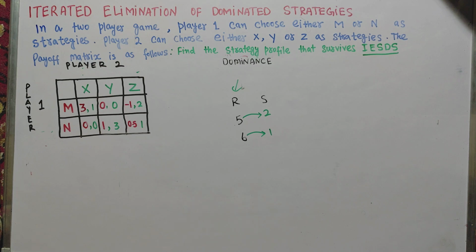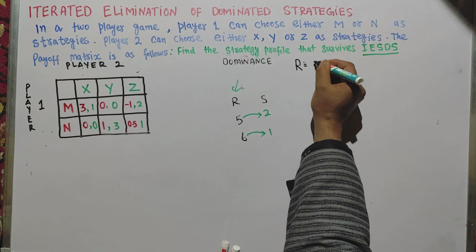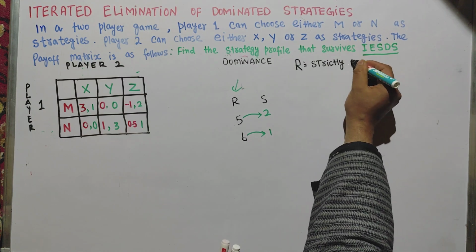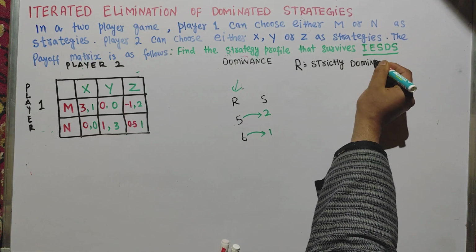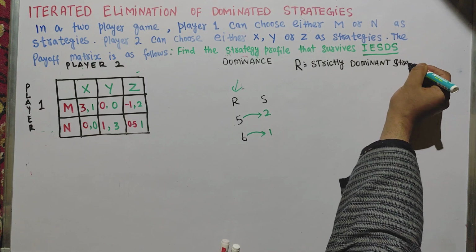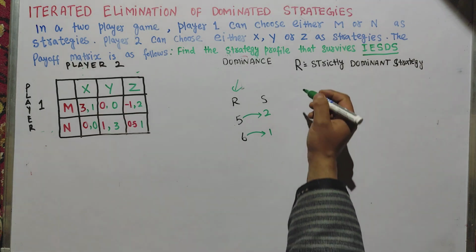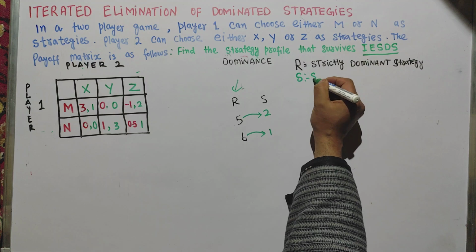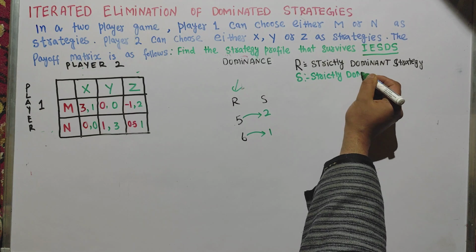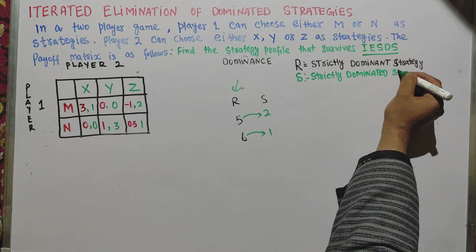So in this case, what we call R is a strictly dominant strategy. If R is a strictly dominant strategy, that means S is a strictly dominated strategy.